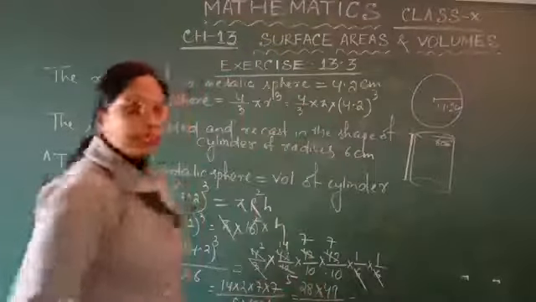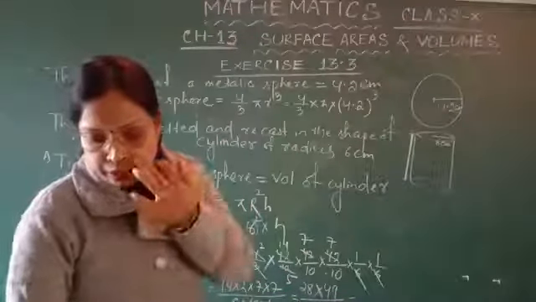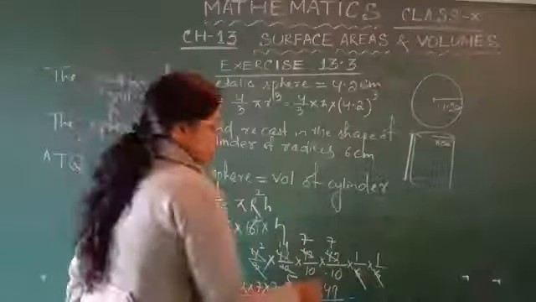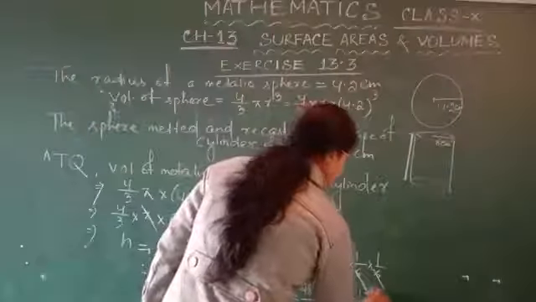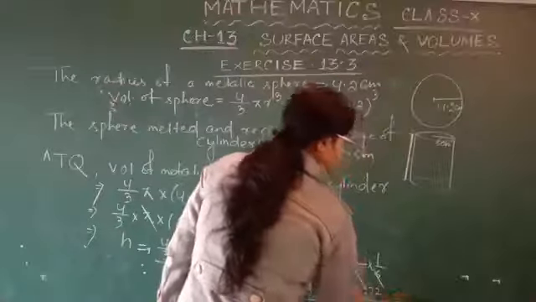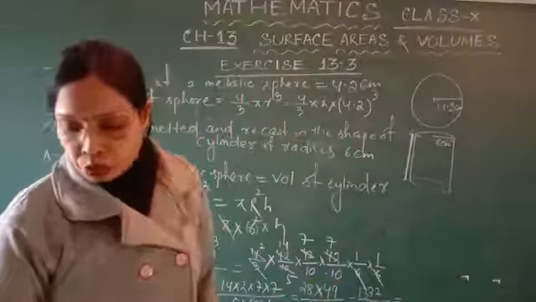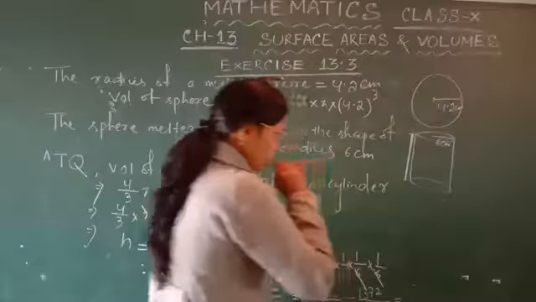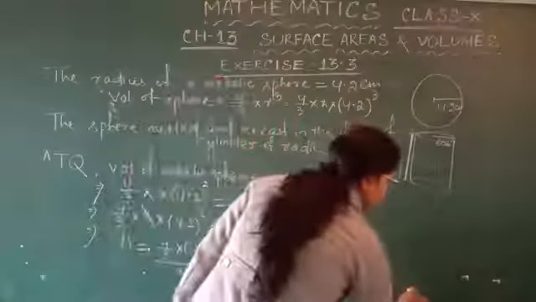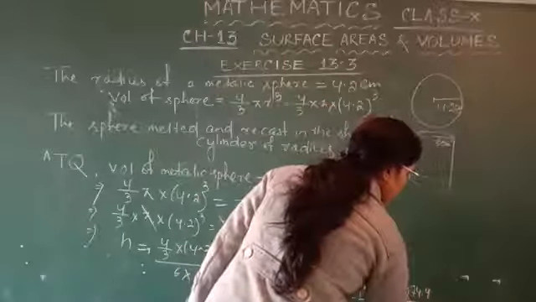So now 28 into 49 is equal to how much? It will be 1372 divided by 5 into 100. Then 1372 divided by 5 is equal to 274.4, divided by 100.